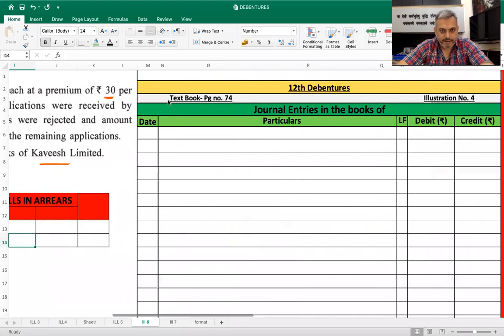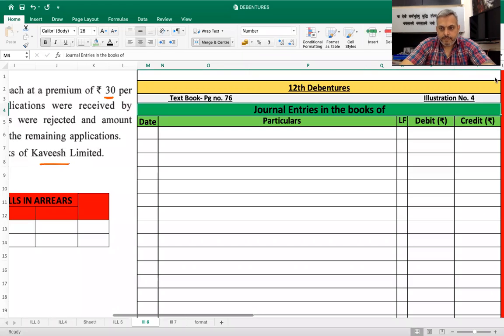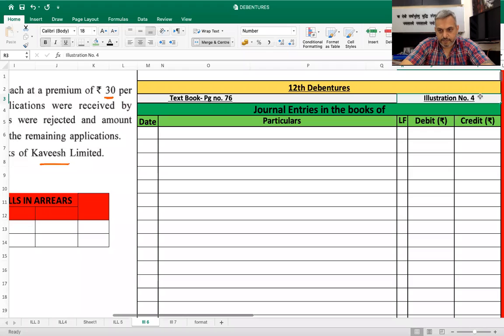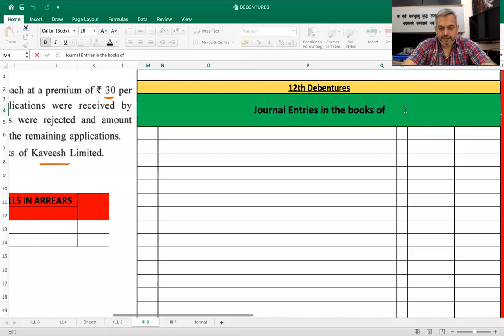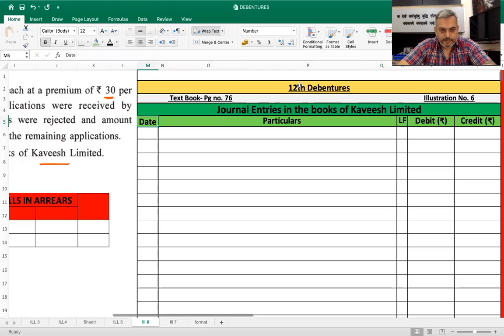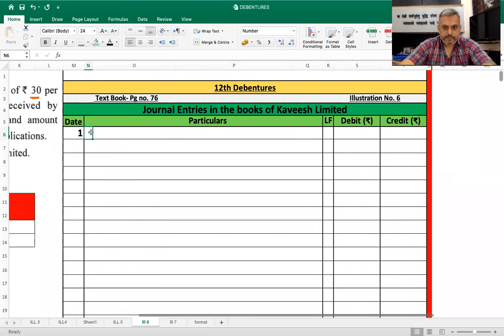Let's write the heading. Page number 76, Illustration number 6, in the books of Kavish Limited. First, bank account debit.